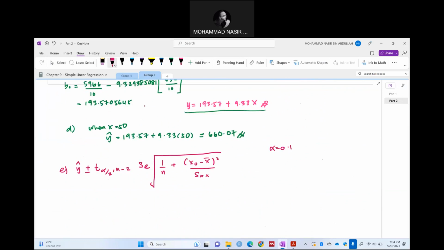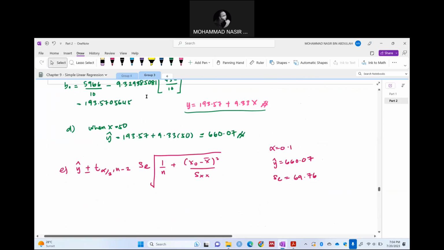So let's collect the data. Y hat is equal to 660.07. Standard error of estimate is 69.76. So how to get standard error of estimate?